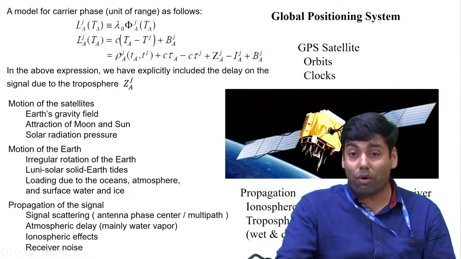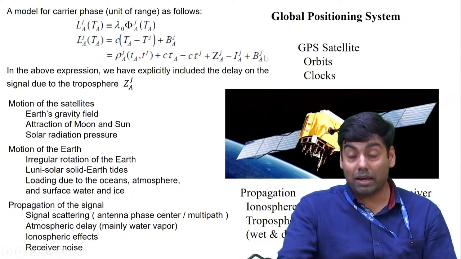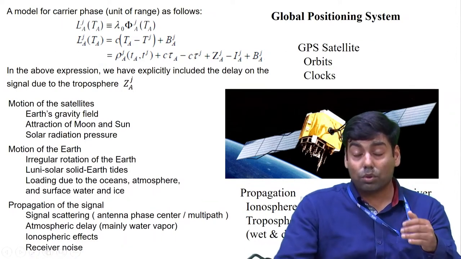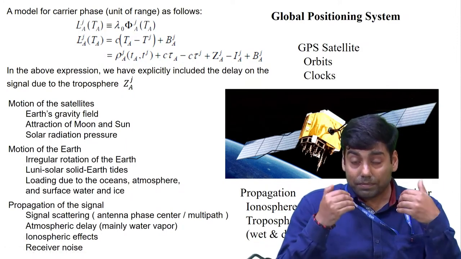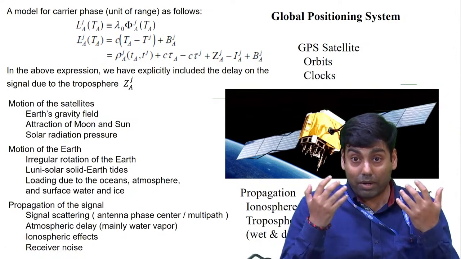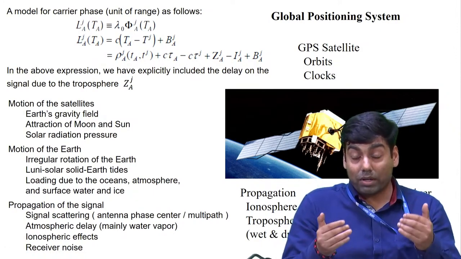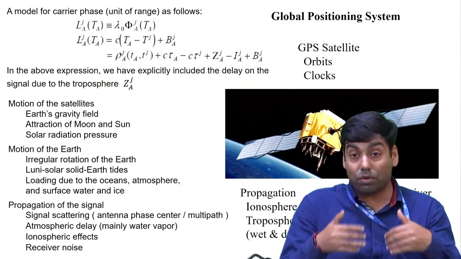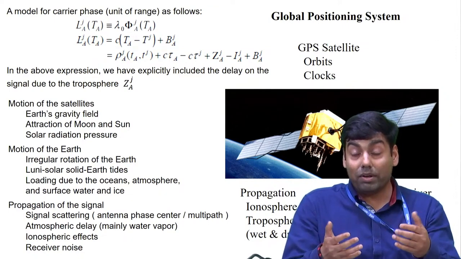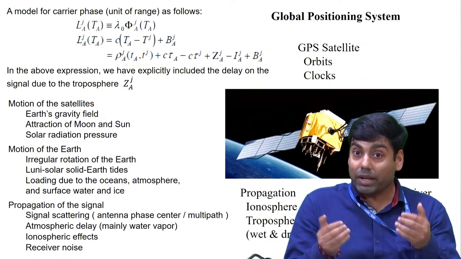Once you have all this information, you can use this model, this formula, which gives the pseudo range, followed by the time delay, zenith delay, ionospheric delay, and all these models. Once you subtract these from the raw data, you get the true range.